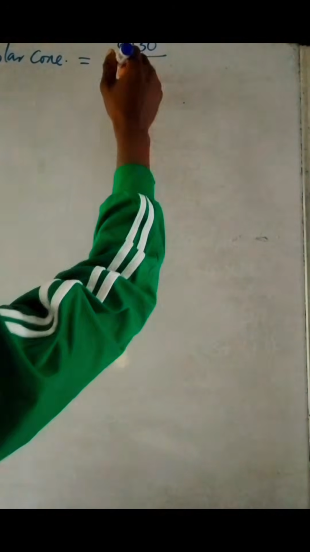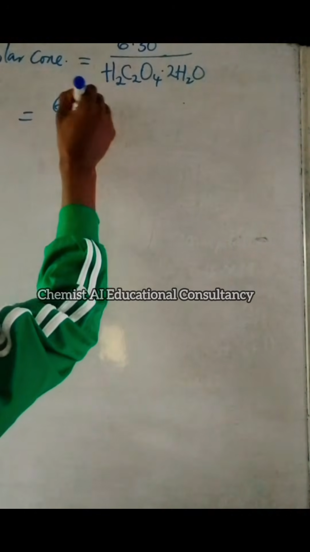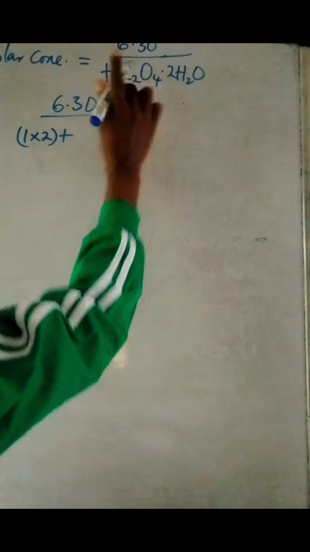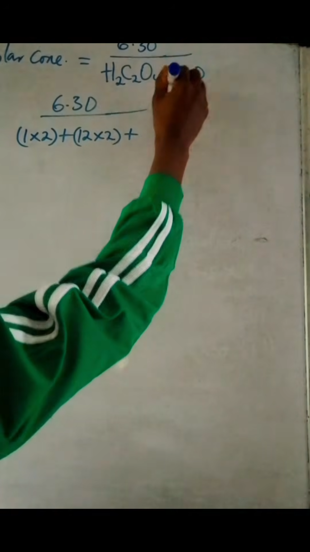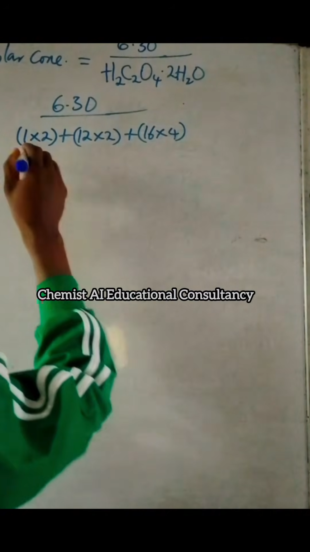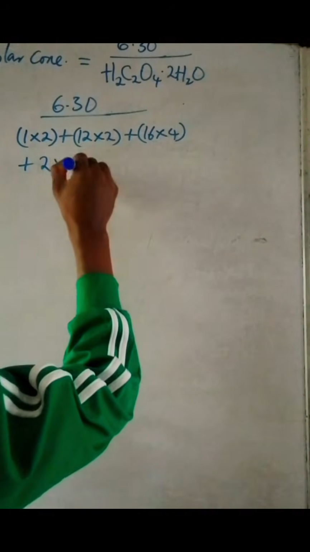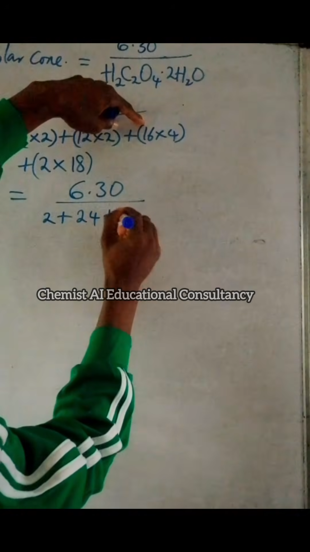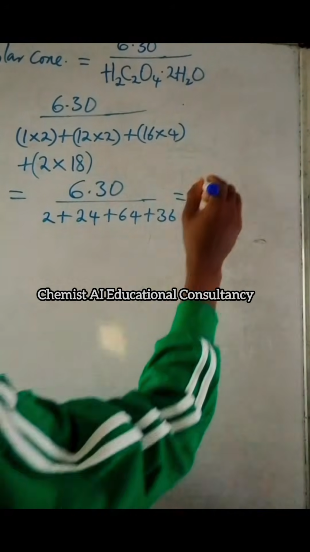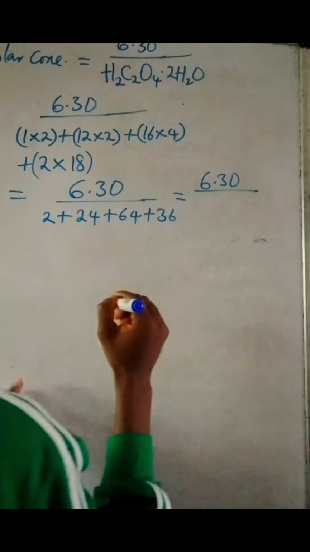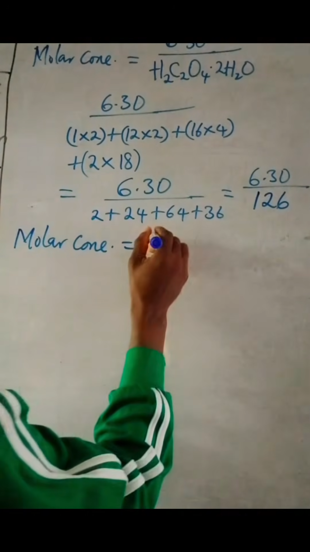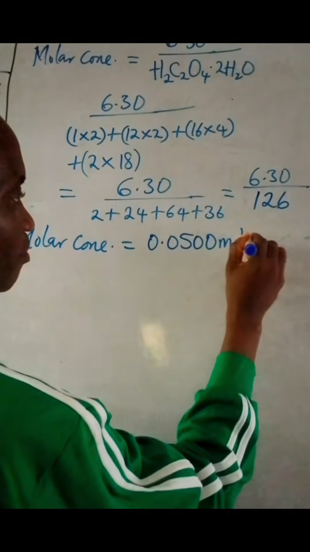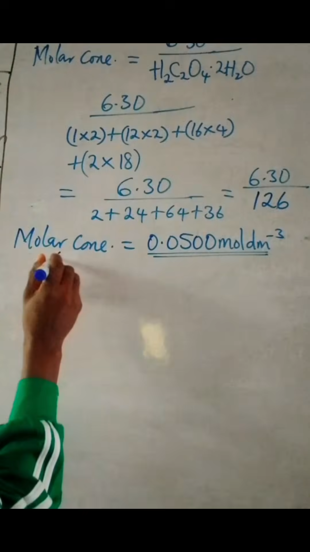Molar mass is the formula mass, so you can write the formula in the meantime. 6.30 over the atomic mass of hydrogen, which is 1, times 2, plus atomic mass of carbon, 12, times 2, plus atomic mass of oxygen, 16, times 4, plus 2 times molecular mass of water, which is 18. We have 6.30 divided by 2 plus 24 plus 64 plus 36. We are going to have 6.30 over, so we have 126 here. And we are going to get 0.0500 mol per dm³. Remember, this is the molar concentration of D.